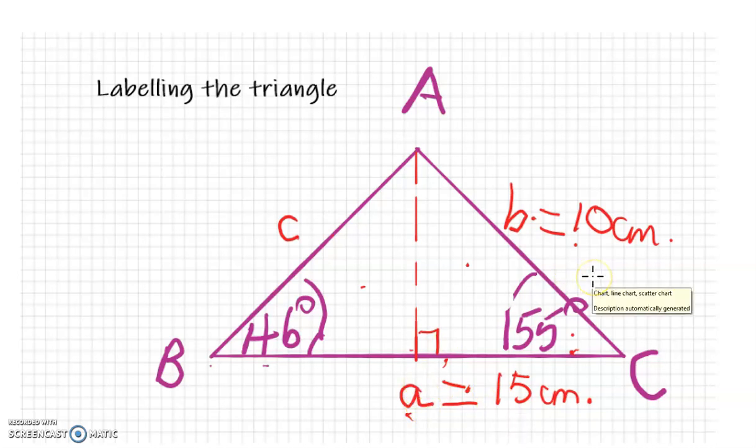This is the naming convention. There's no one set way of doing this, but the convention is that we take the side opposite the vertex and leave it in lowercase letters. That is the method we adopt.